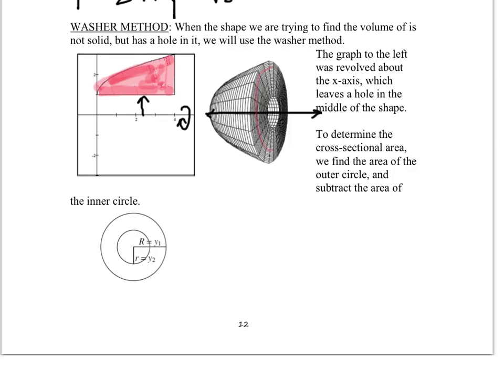Okay, so let me try to get that highlighted a little bit better. Okay, so this is the resulting shape. You're going to have a washer. And if you think back to geometry, in order to find the area of a shape like this, you would find the area of the larger circle, which we know.